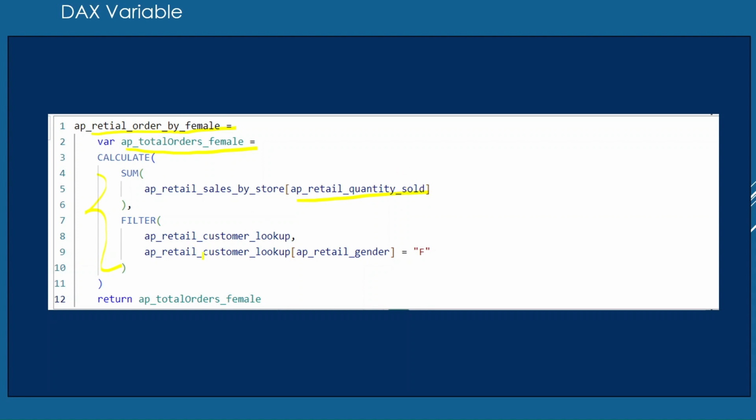Out of that, we are filtering the sales, or total quantity sold, which is purchased by female customers only. So this is the expression which is getting stored in this variable. And at the end, we are returning this variable. So whatever the variable value present here would be returned as part of this measure value. So let's do this exercise in Power BI.